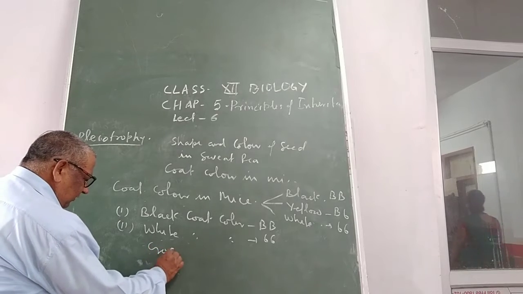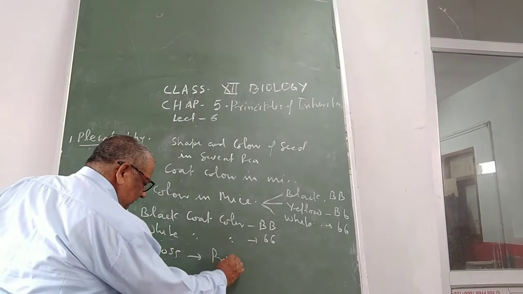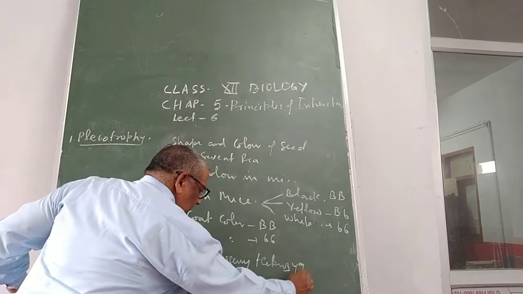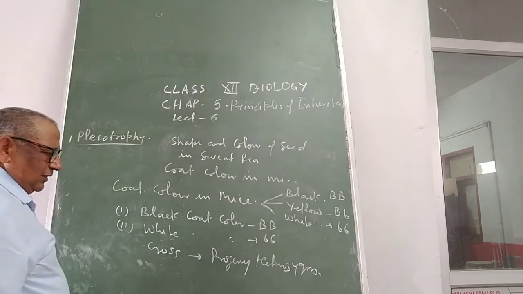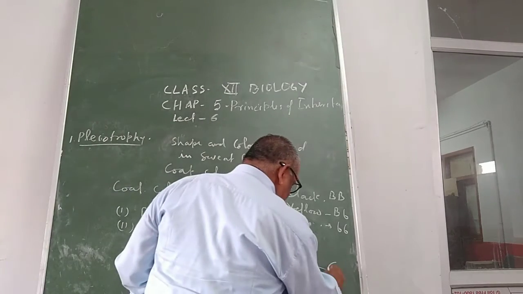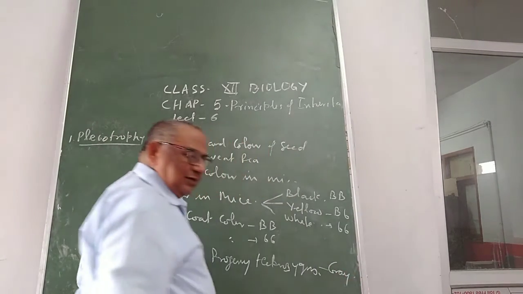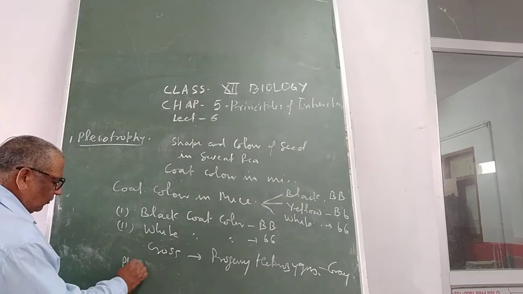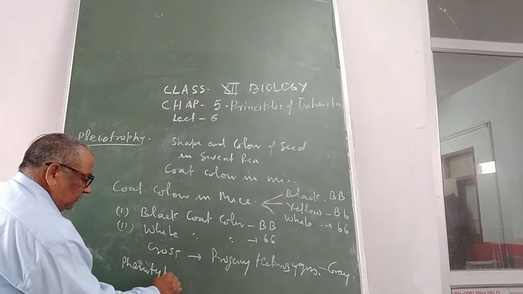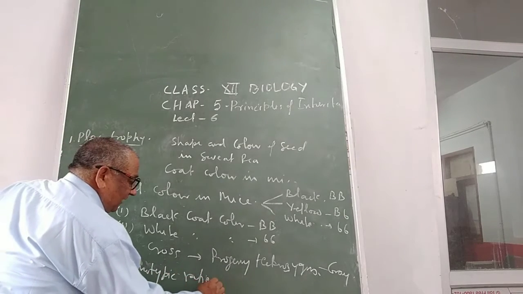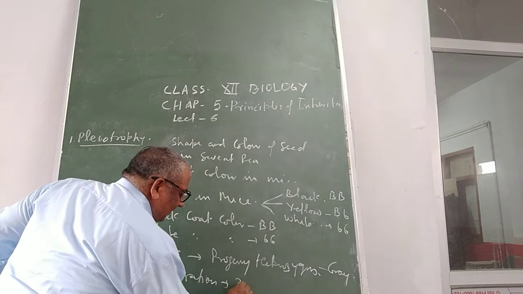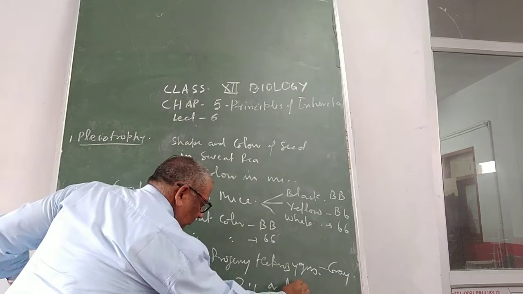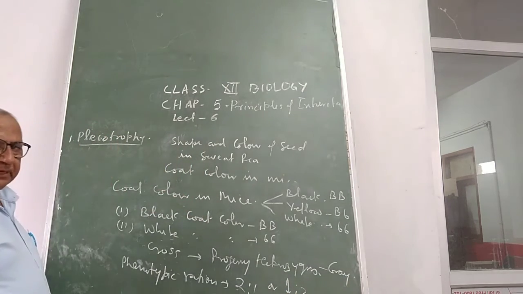After the cross, the progeny is heterozygous, and this heterozygous progeny shows mostly grey colors or yellow colors, and this progeny shows a new combination of phenotypic ratio that turns, in place of 3:1, into 2:1 or 1:2. This type of ratio appears.